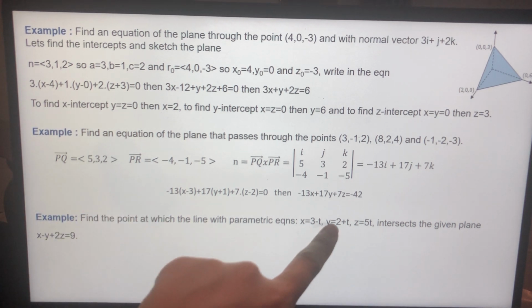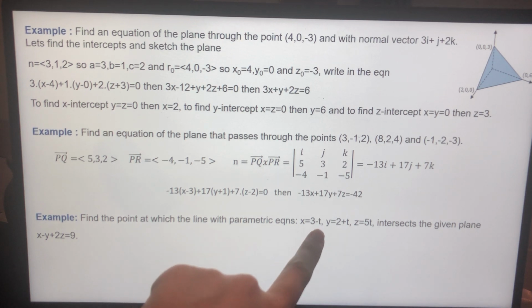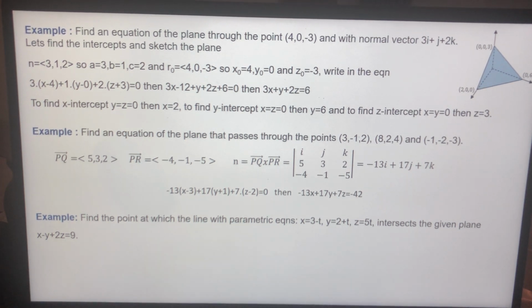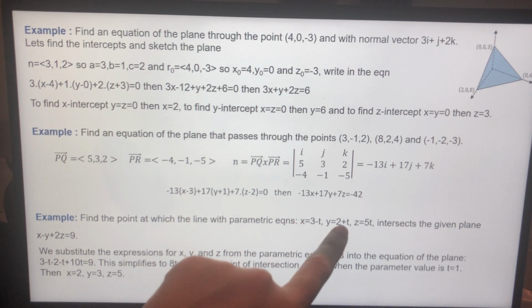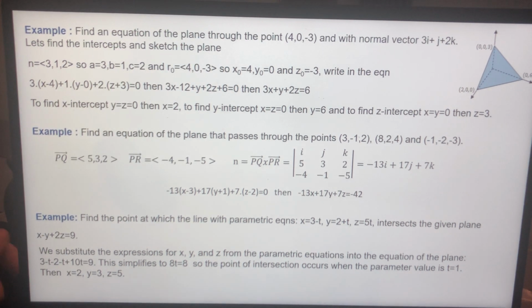Since the line equation is given in a parametric form, just plug in x, y, z inside the plane equation. x is 3 minus t, y is 2 plus t, z is 5t. Just plug in, solve for t, t will be 1. If t is 1, just plug in to find x, y, z, the intersection point. So x is 2, y is 3, z is 5. It's that easy. Just solve them together.